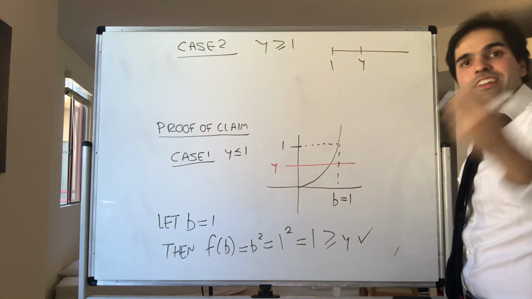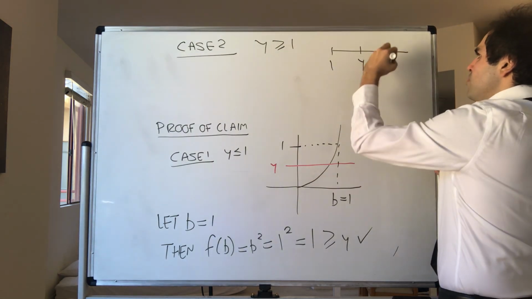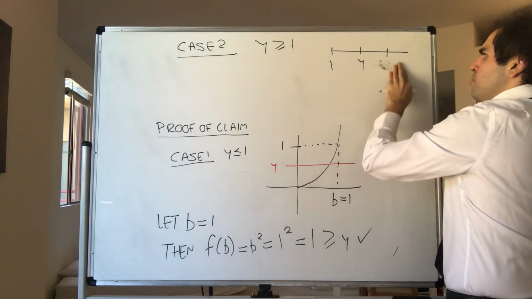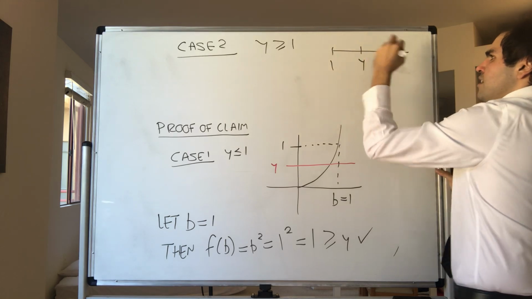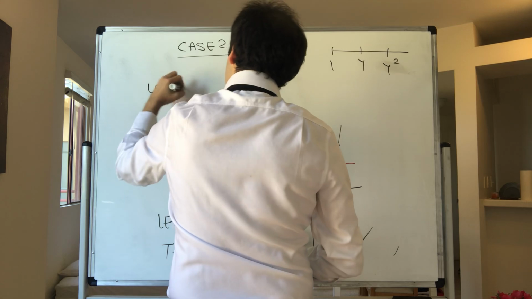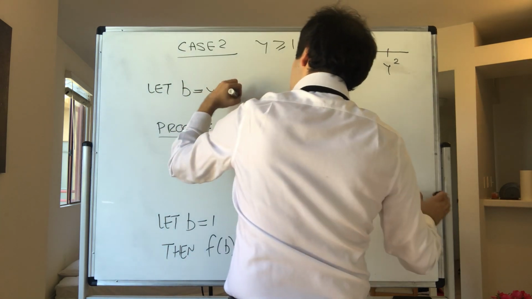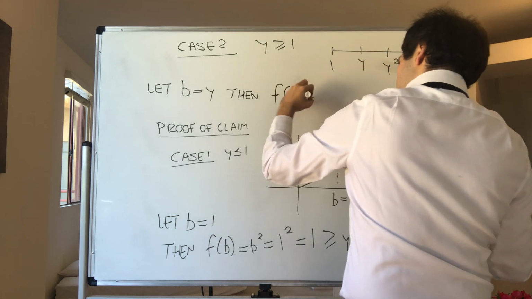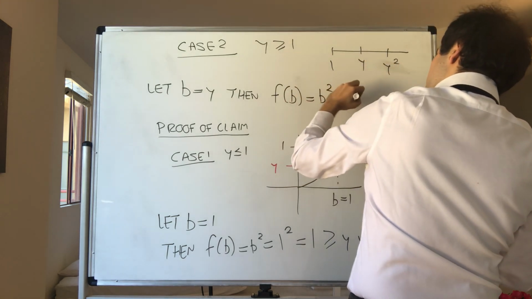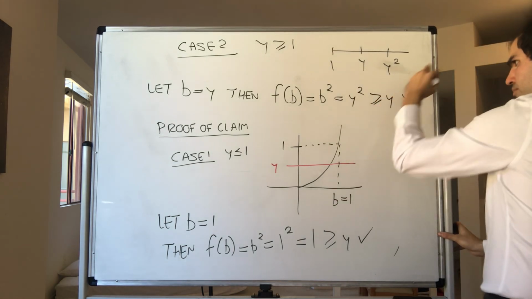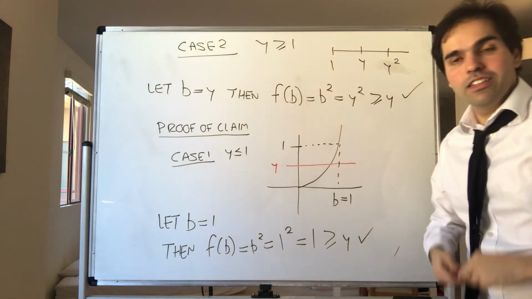Like 2 squared is greater or equal to 2, so in particular, let b be y. Because the point is, y squared is then bigger than y. Then f of b, that's again b squared, which here is y squared, and that's greater or equal to y. And that's also what we wanted.